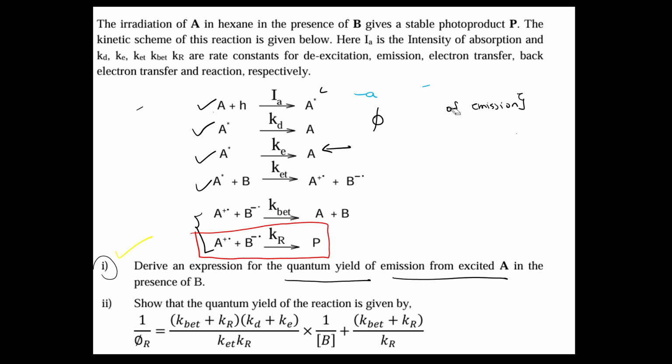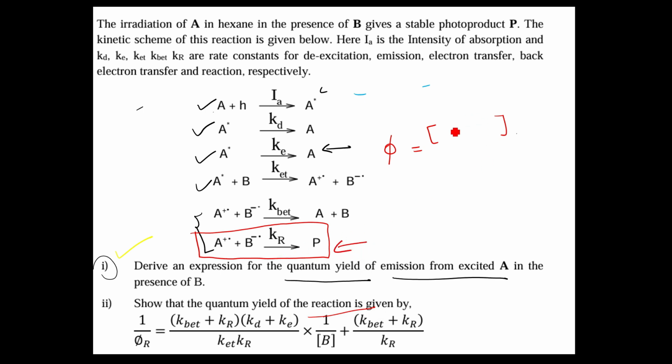Okay, look at this. They are asking you about the quantum yield, so I'm going to take the quantum yield expression. The expression suggests the rate of that step. They are asking for the quantum yield of the reaction, so this step.